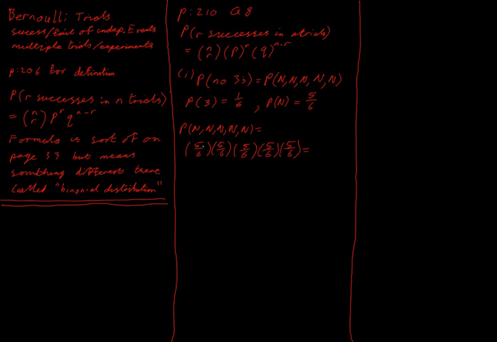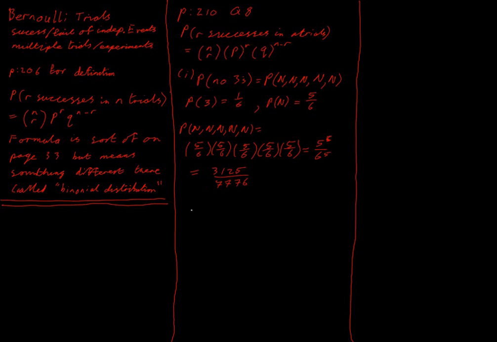So when we multiply that together, we'd have 5 5s multiplied together and 5 6s multiplied together. The short way of writing that is 5 to the power of 5 all over 6 to the power of 5. We put that in our calculator and we get 3125 all over 7776. This is how we would do that question without a Bernoulli trial.